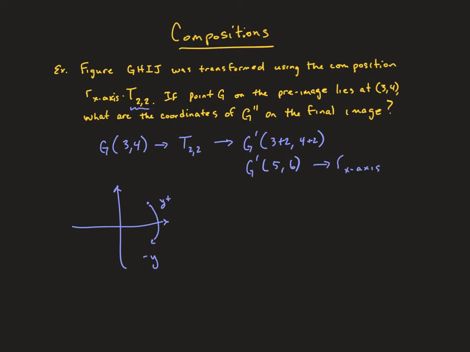My x value stayed the same, so my x value is going to be 5, and my y value is going to be negative 6. So G double prime is going to be 5, negative 6, the location of the final image. Again, just looking at these transformations and making sure that we do them in order. The far right transformation gets done first.